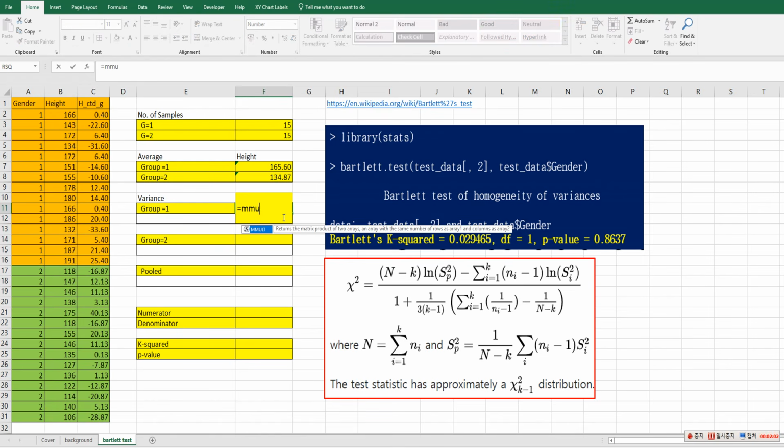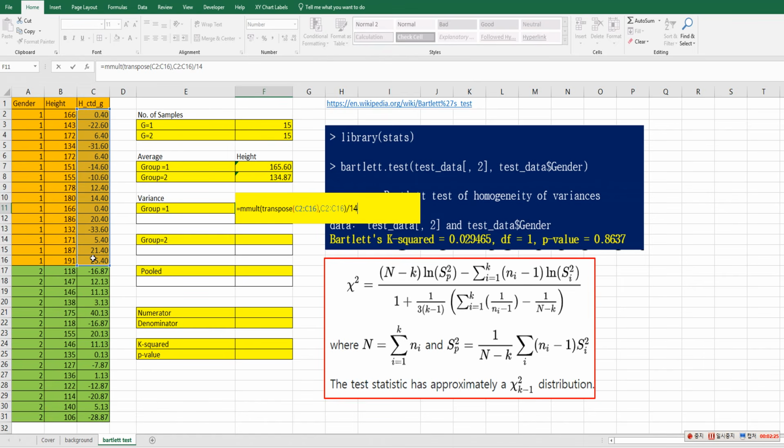So MMULT, transpose, value, comma, and again same vector here, and over n-1, which is equal to 14. And then press Ctrl Shift Enter.